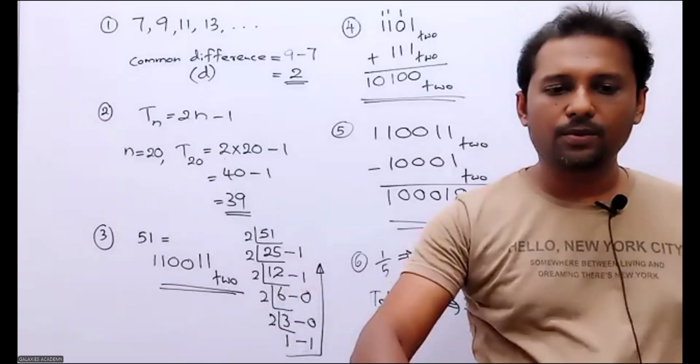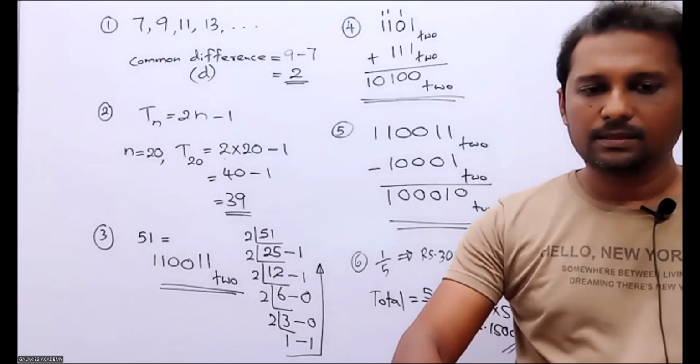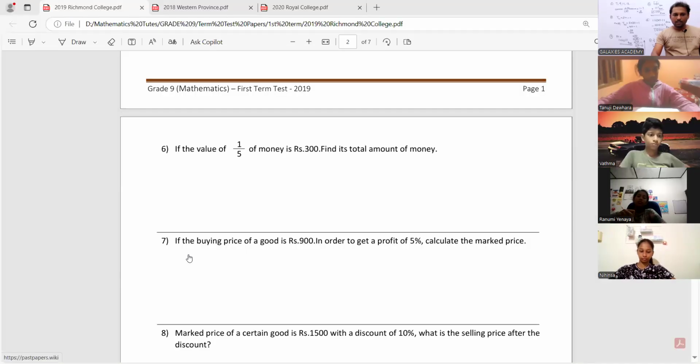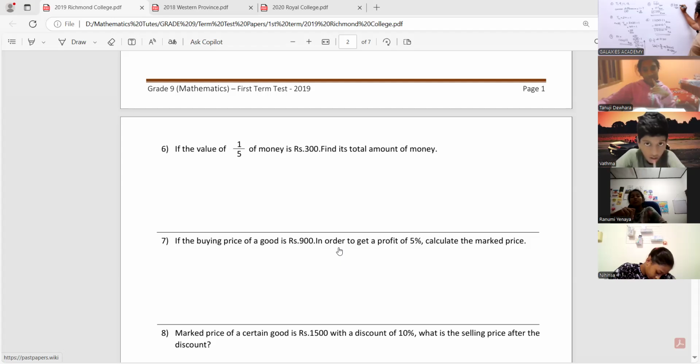Right. Now let's go to number 7. Question number 7 is given. If the buying price of a good is 900 rupees, and he hoped to get 5% profit, then you have to find the marked price.